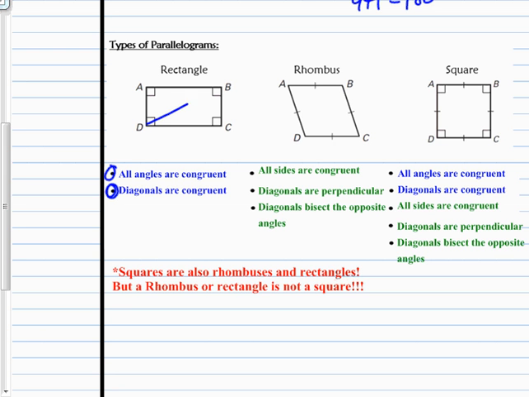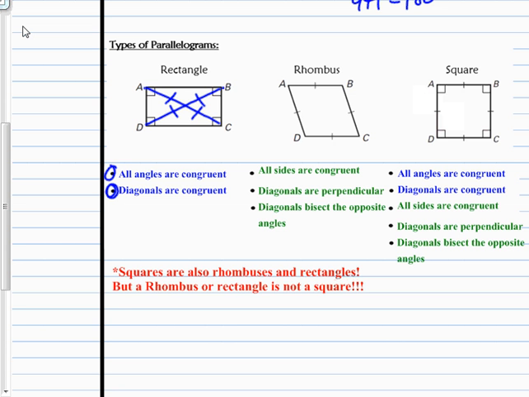So not only when I draw my diagonals am I bisecting them, but more specifically they're congruent to each other. So this piece, that piece, and that piece, they're all congruent to each other because AC is congruent to BD. Okay, so those are the two stipulations that make a rectangle a rectangle. So not only does it have all the parallelogram properties, those are the two rectangle properties.